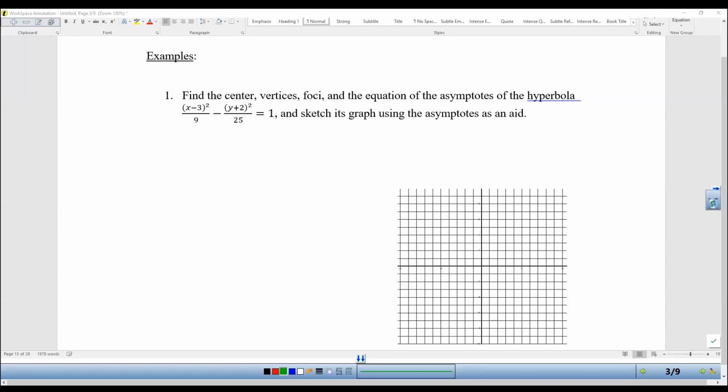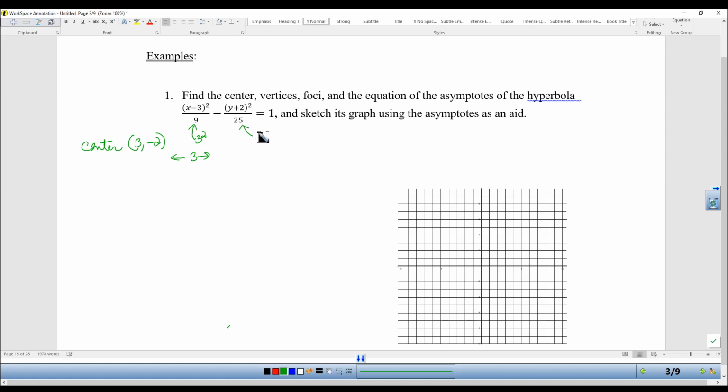Number 1 says, find the center, vertices, foci, and the equation of the asymptotes of the hyperbola given, and sketch its graph using the asymptotes as an aid. So we're actually going to start this just like we would for an ellipse. Its center is going to be at (3, -2). Because this number is 3 squared and it's under the x, I'm going to move 3 in the x direction from my center.